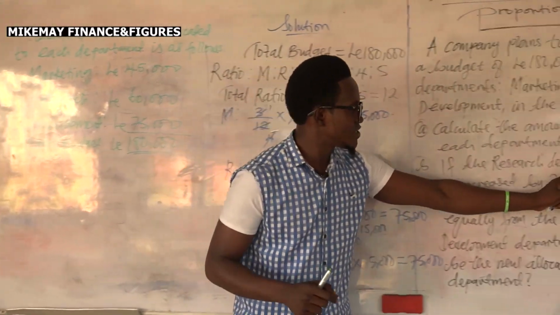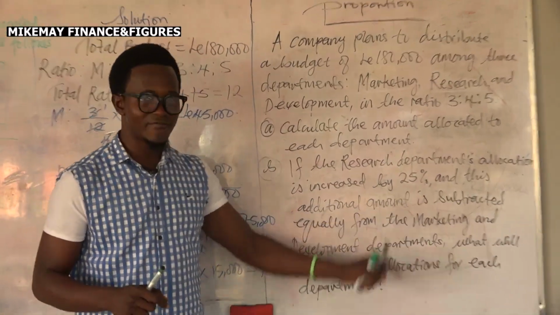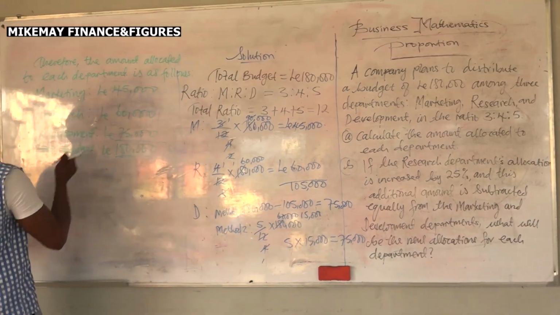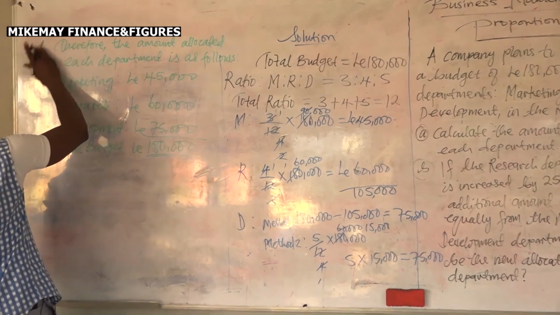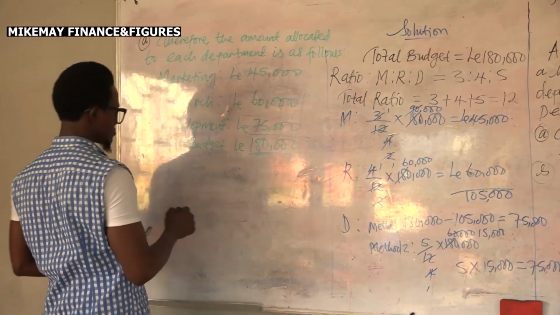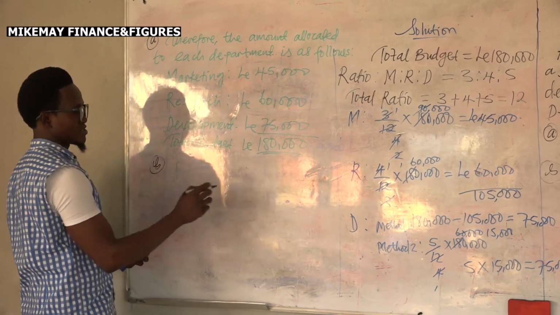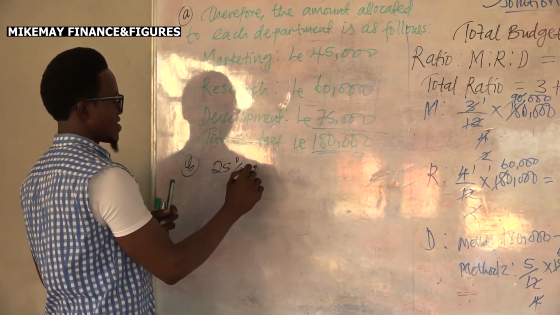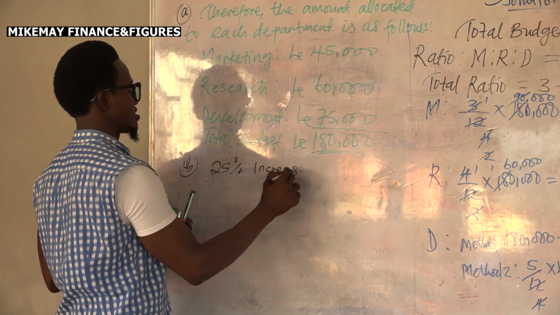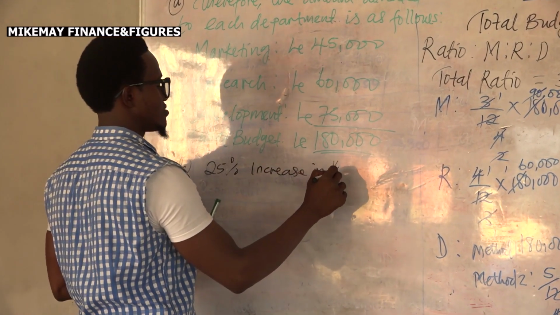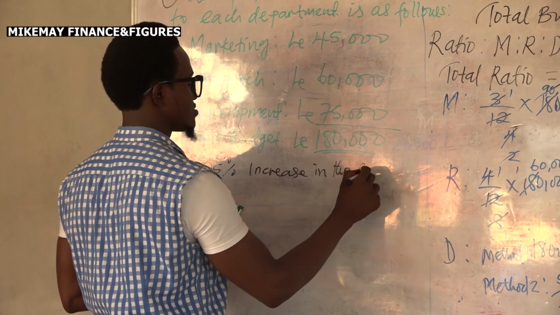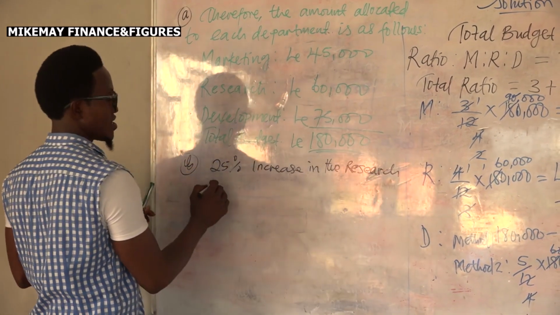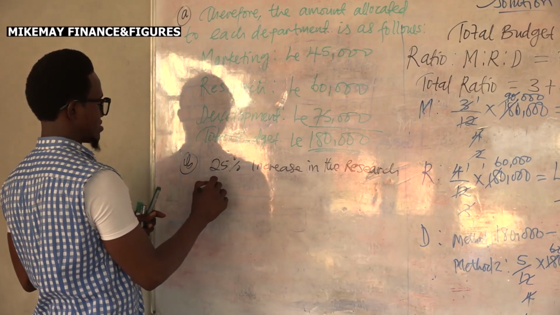If the research department allocation is increased by 25%. Now let's go. B. So let's identify this as A. Now B. 25% increase in the research amount.